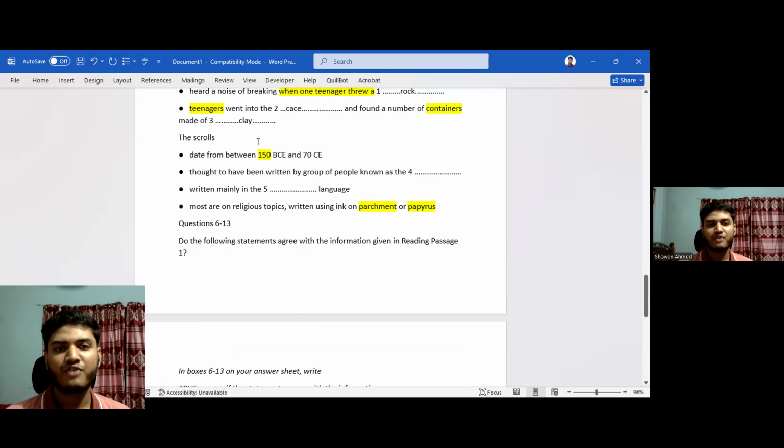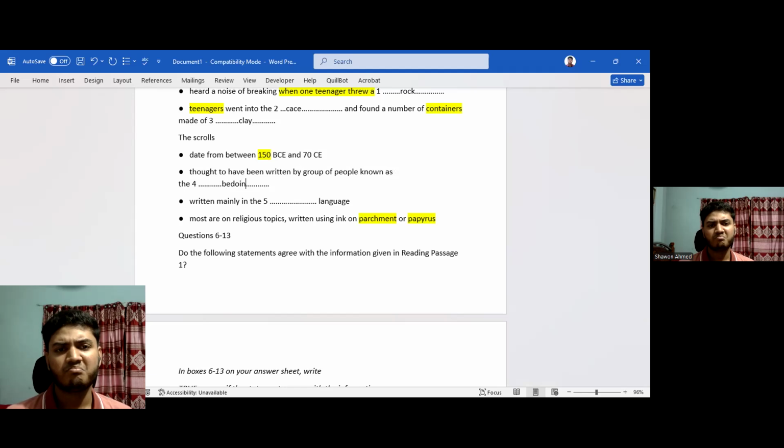So let's find 150 BCE, because if we can find it, the answers to these questions would be in the same location. So let's see. Thought to have been written by a group of people known as the... Okay, so we will find a group of people and they are known as something.